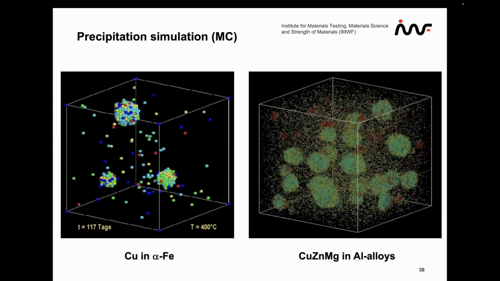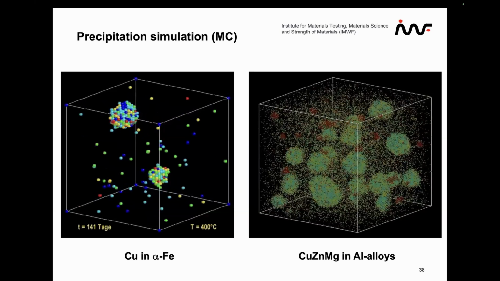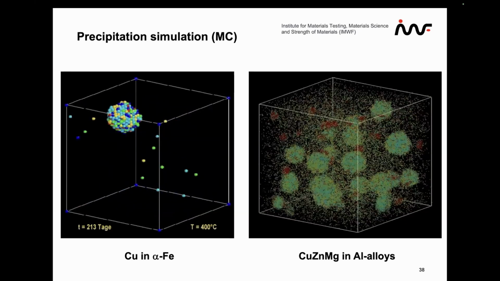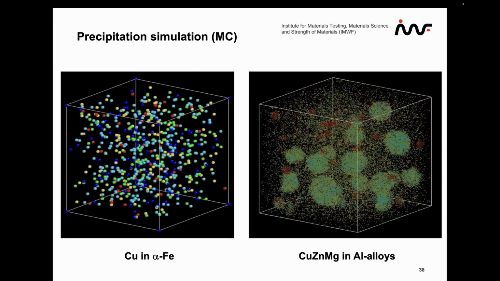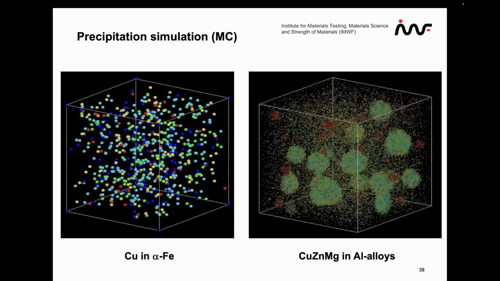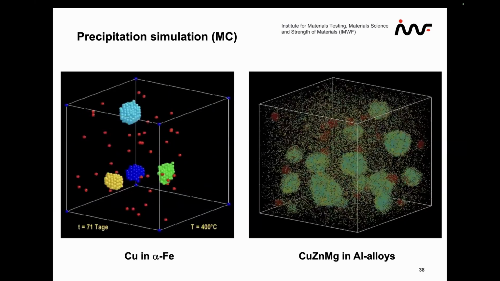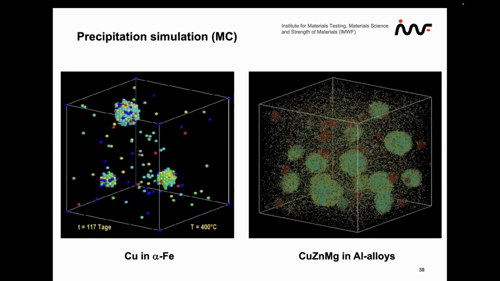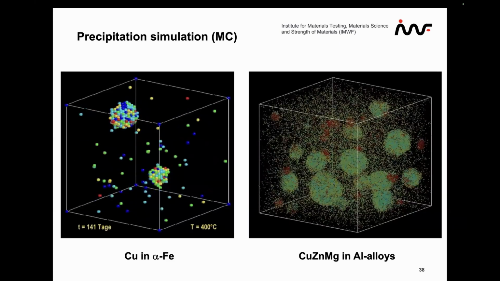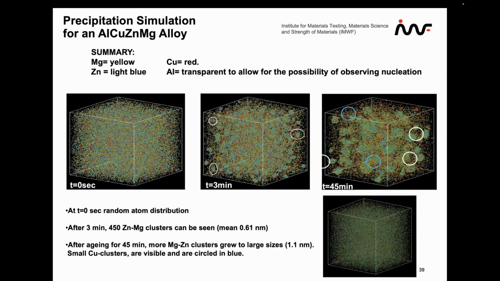And what is nice here, you can see that still atoms are remaining dissolved in the matrix, besides the precipitation formation in both cases. And you can see different species of the precipitates, red ones and colored ones, which can be discriminated and analyzed in detail. So here, for instance, for different time aspects, we analyzed these magnesium zinc clusters, just to give an example.